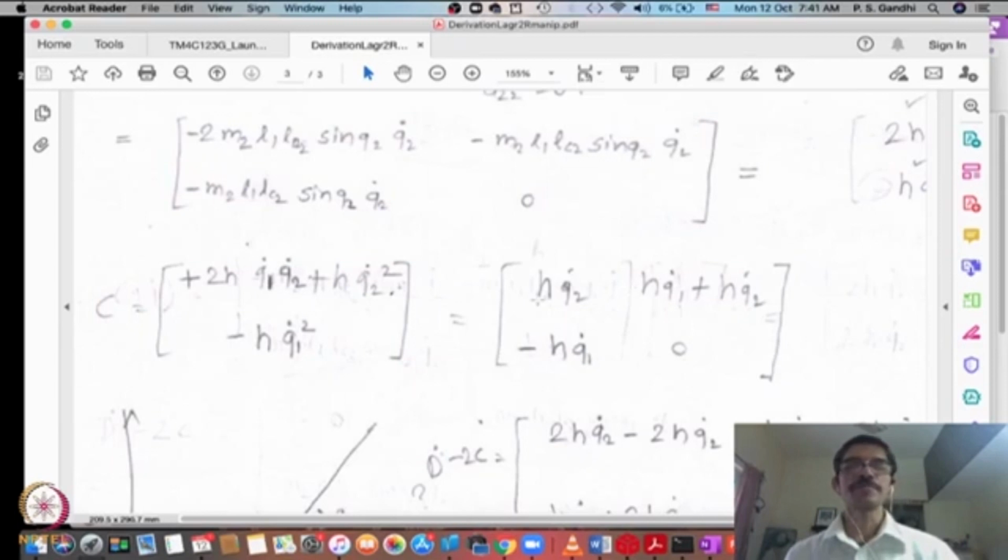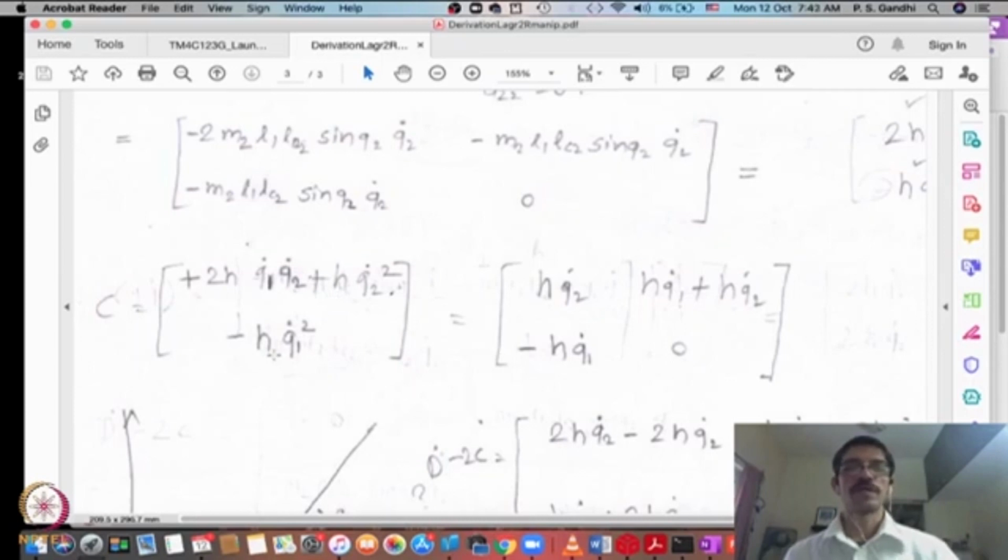Then this is getting multiplied by Q2 dot when I have the multiplication with Q1 dot Q2 dot as a vector. So this term is getting multiplied by Q1 dot alone, and this term is getting multiplied by Q2 dot alone. When I add these two terms as the first term of the matrix vector product, I get H Q1 dot Q2 dot, as we want up here.